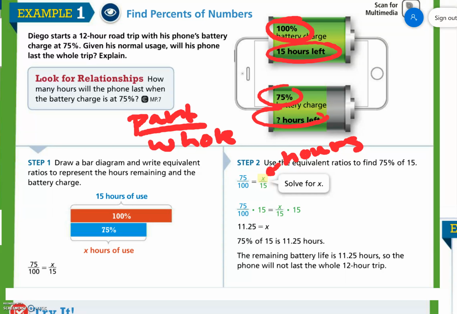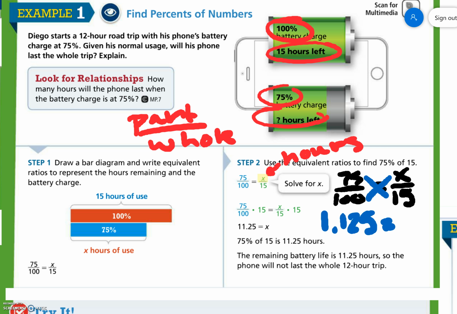What I'm going to focus on is the process of cross multiplication. So I'm going to show you, and you should write this down as well. Same setup, 75 over 100 is equal to what over 15? That x is what we're trying to find. So we cross multiply. And we do 75 times 15, which gives us 1,125 equals 100x.